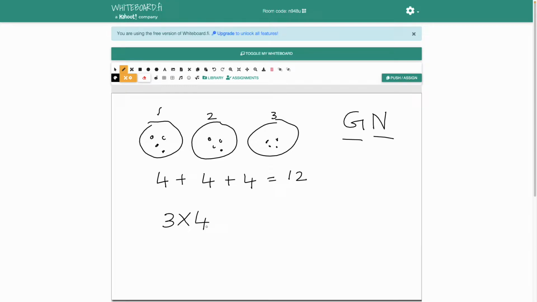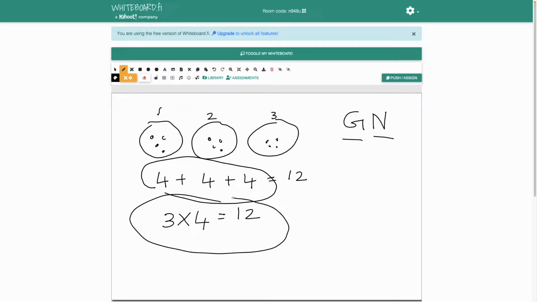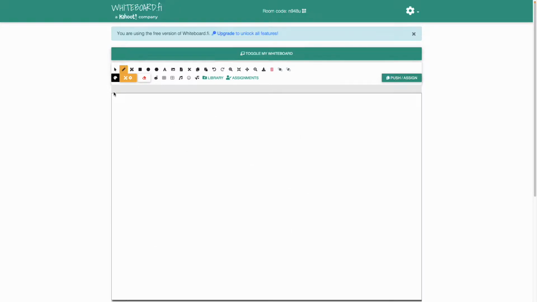So what is 3 times 4? 12. So repeated addition is nothing but multiplication. We learned this. You all remember? Perfect. Good job.